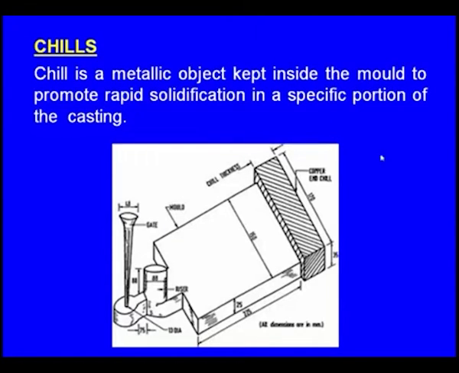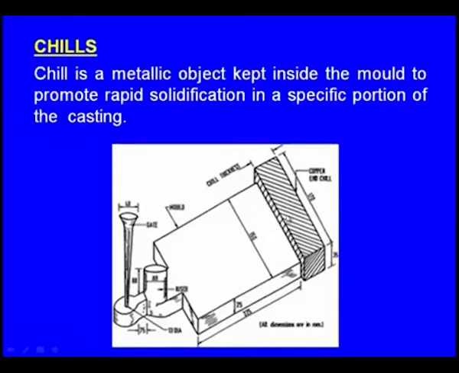When the molten metal comes in contact with this chill or the steel block, it rapidly dissipates heat to the steel block, because the steel block rapidly absorbs heat compared to the mold wall. Because at this end the heat is rapidly absorbed by the chill, this portion starts solidifying. Gradually the solidification propagates towards the riser. So, this is the purpose of placing a chill.